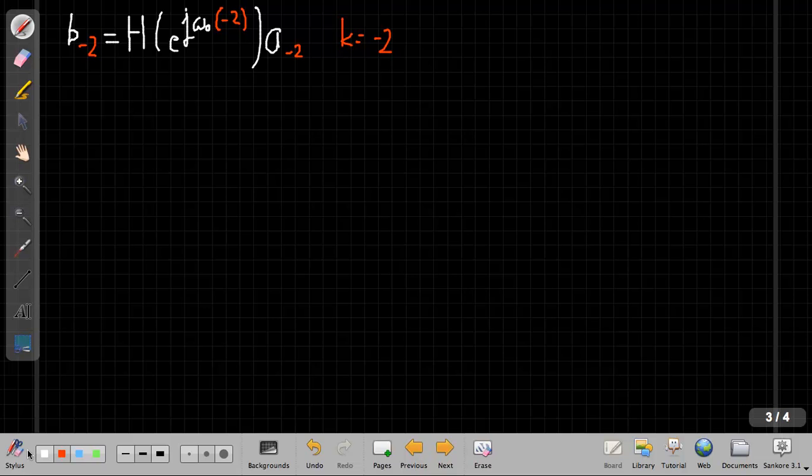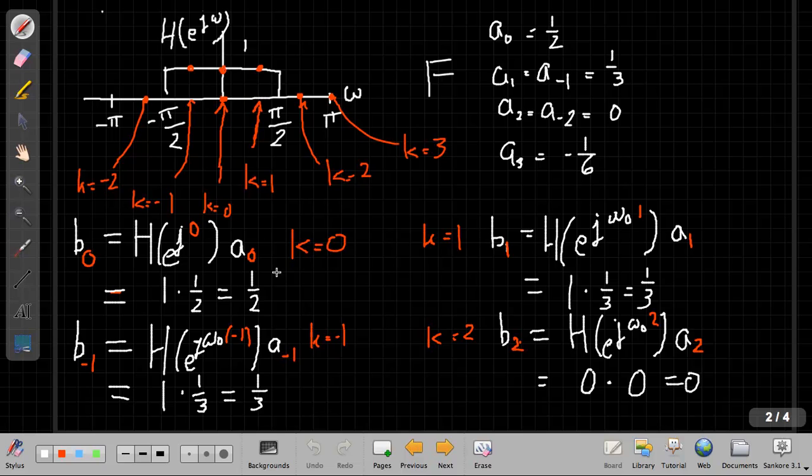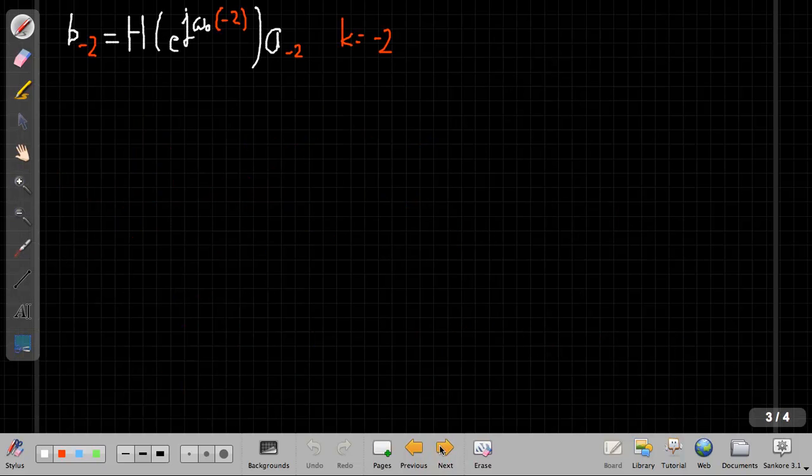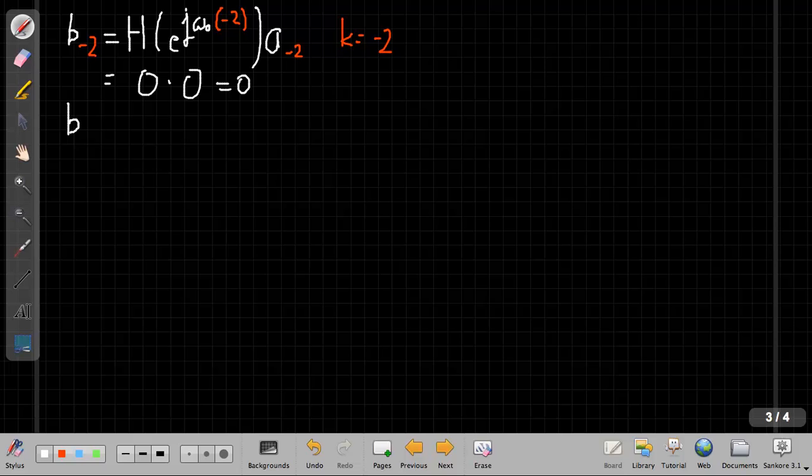And again, not surprisingly by symmetry, this one, if I go back to the previous page, is 0 here for the gain, and it was also 0 for the input Fourier series. So just as I had 0 times 0 for k equals +2, this will be 0 times 0 for -2. And finally, the last term, we get the output for k equals 3, right? Because the period was 6, I need 6 Fourier coefficients.